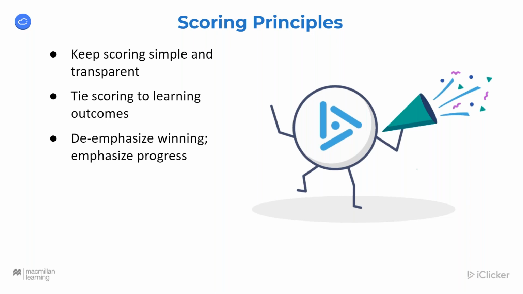And then the last thing to keep in mind when we're thinking about scoring principles is we want to de-emphasize the idea of winning. A lot of times when we bring up this idea of gamification, or we have this idea of, wow, I'm going to ask my students questions as I go along and I'm going to see how much they're getting it, we can really fall into that path of, and then we can see who's winning.